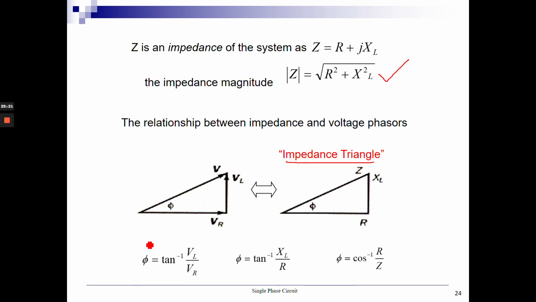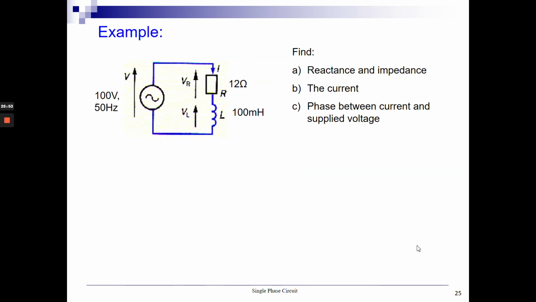Okay, so how do you find theta? Apply Pythagoras' theorem. So theta equal to inverse tangent of VL over VR, or if you use the impedance triangle, theta equal to inverse tangent of XL over R, or theta equal to inverse cosine of R over Z.